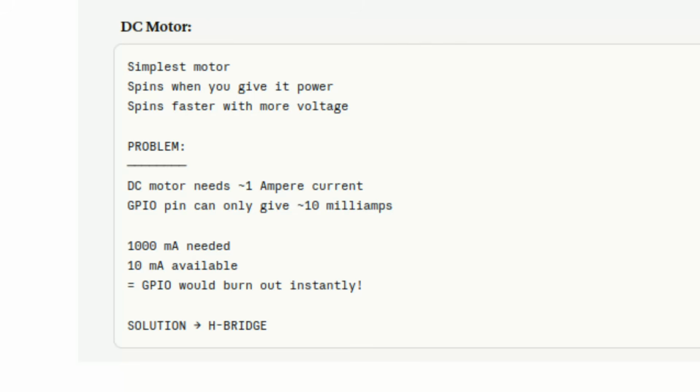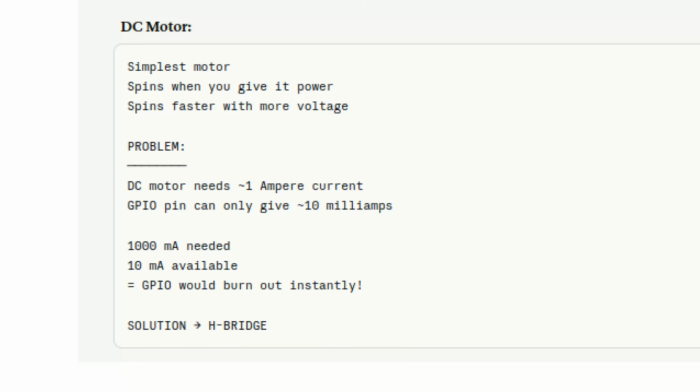That means if the motor has to get its current, I would have to give 1000 milliamperes to a GPIO pin, and my GPIO pin would burst.